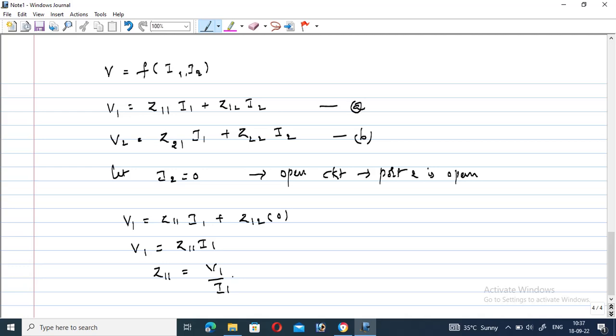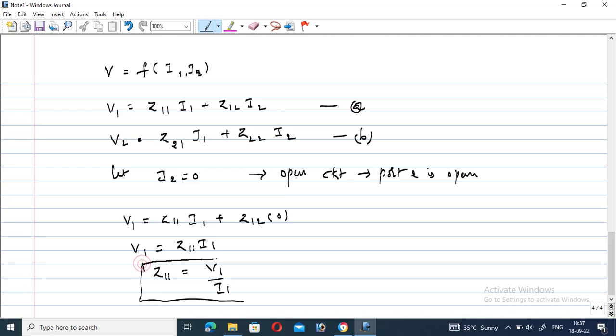It is a forward consideration, no reverse. Therefore Z11 is called the input driving impedance.